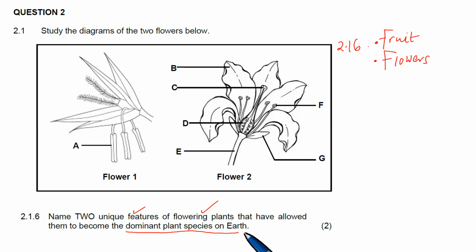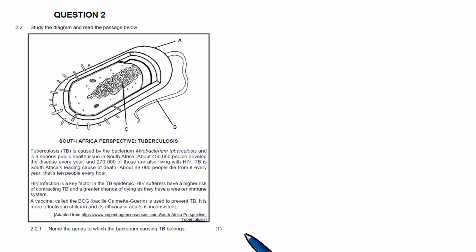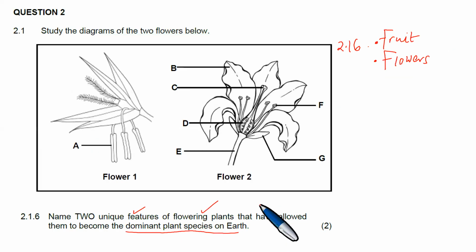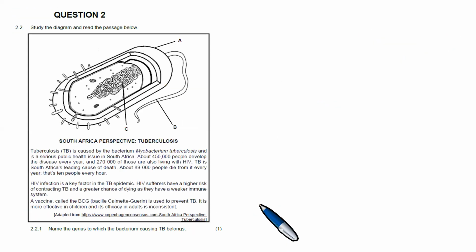Next question. If you look at 2.2, it is about the South African perspective on tuberculosis. We agree that tuberculosis, TB, is a big problem in South Africa.